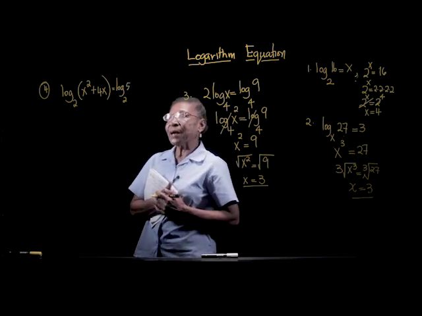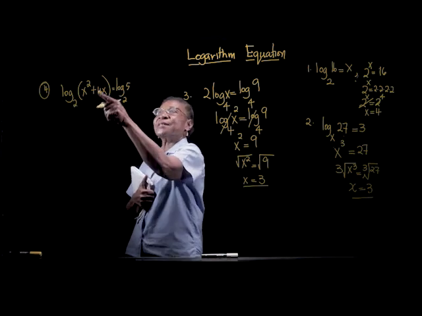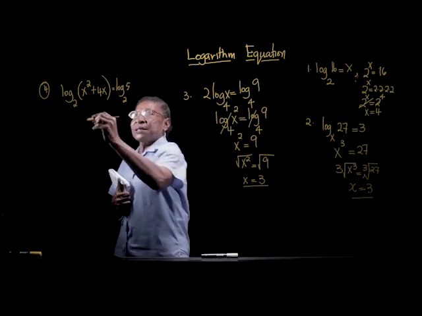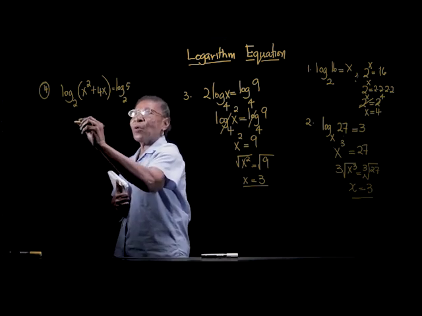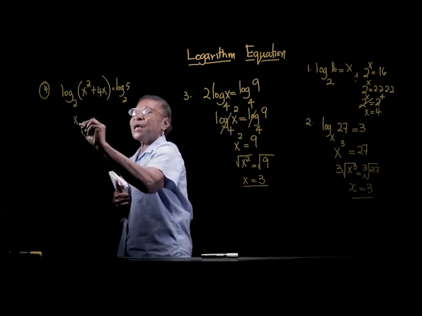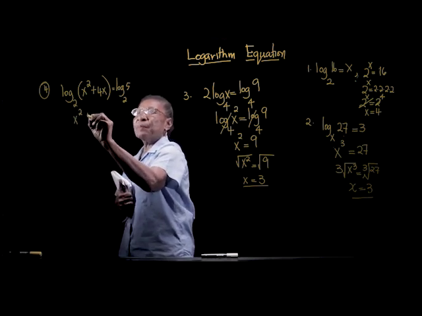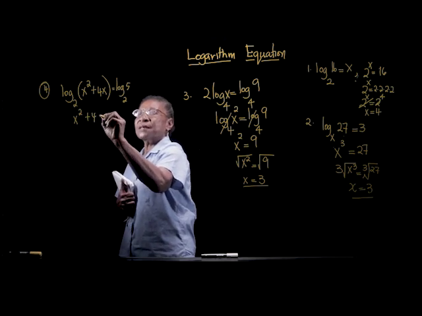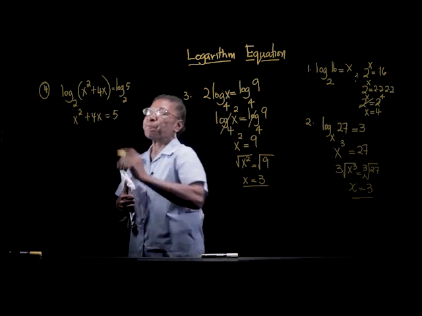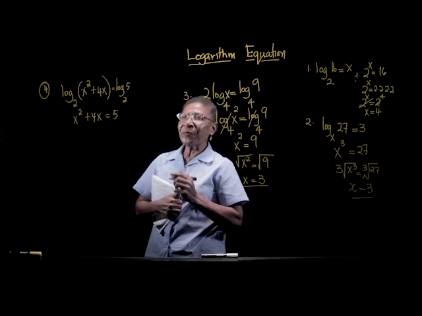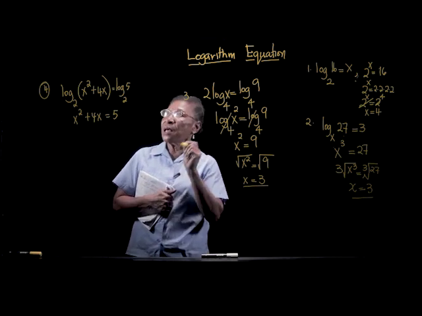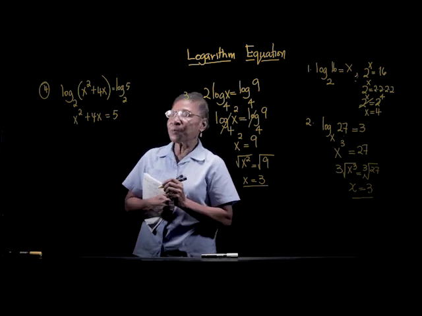Let's simplify it. Log base 2 of x squared plus 4x can be written in a simpler form, because it has a common base, we are now left with x squared plus 4x is equal to 5. Let's simplify it further by grouping all the terms to the left-hand side of the equation.